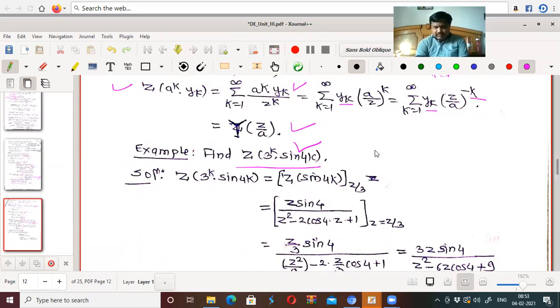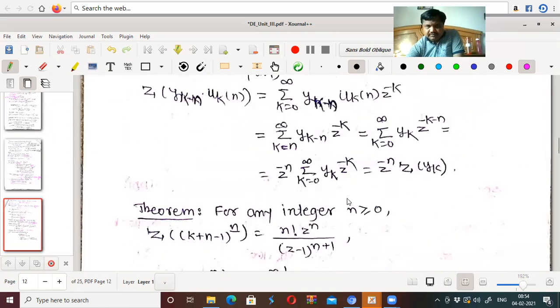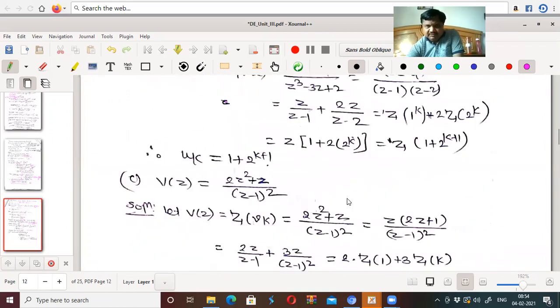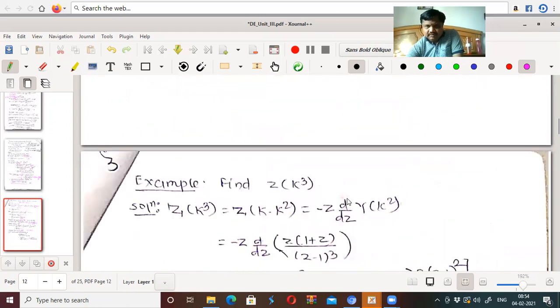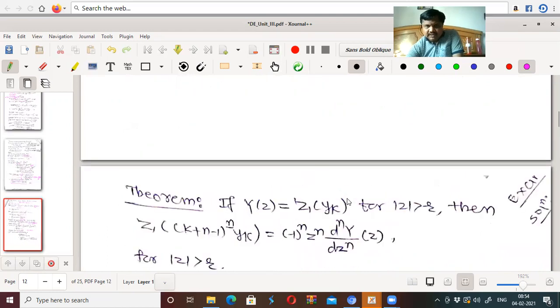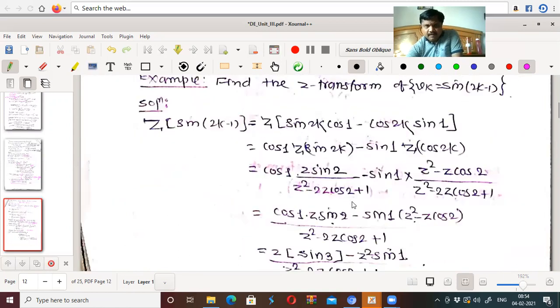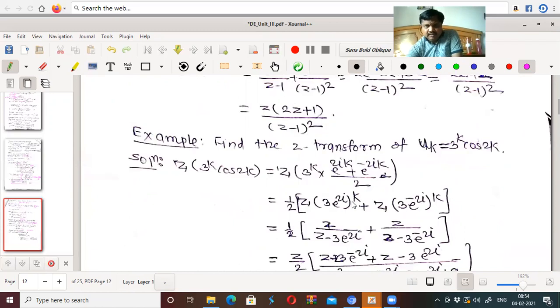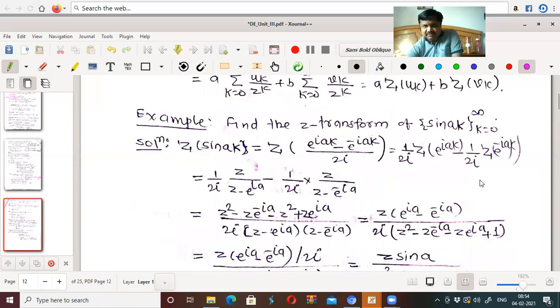Now what is the z transform of sine 4k? What is the z transform of sine ak? Somewhere we have obtained the z transform of sine ak. The z transform of cos ak is here and the z transform of sin ak is here.